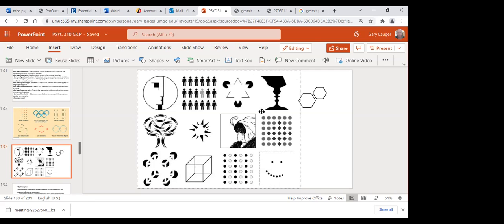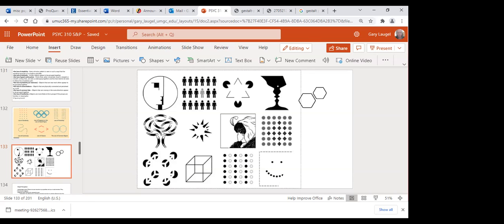Over here, this is an important principle called figure and ground. What two things might you see here? Well, you might see two silhouettes of people, or you might see a music stand or a lectern, in other words, a podium.